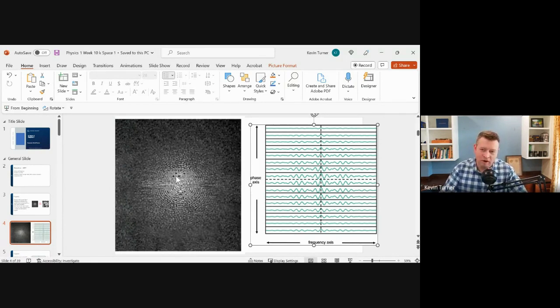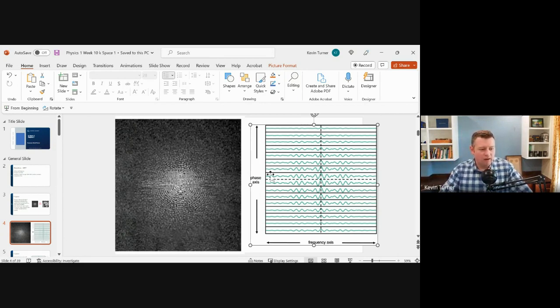This is an actual MRI image. If you were to take this image and put it through the fast Fourier transform, it would give you an MRI image. All right? And the fast Fourier transform is just a bunch of math. It's just a very long algorithm that turns this information here into black and white pixels on the screen, right? In shades of gray, all the different pixels on the screen.